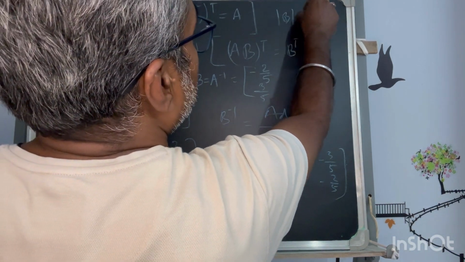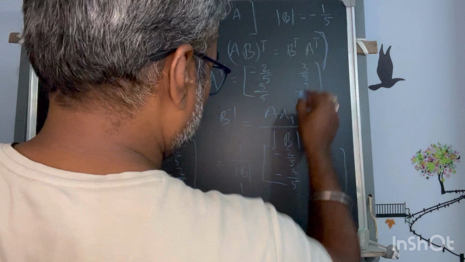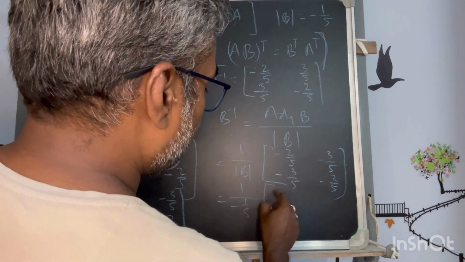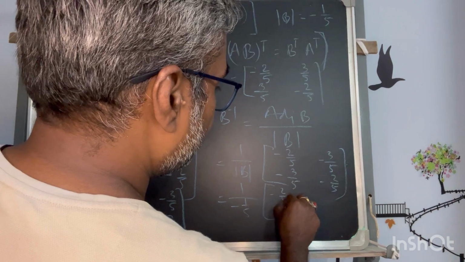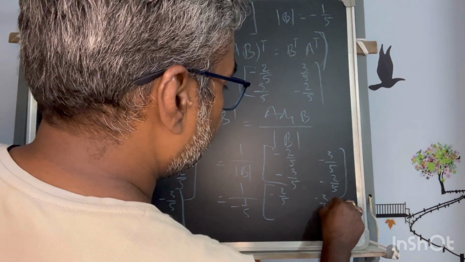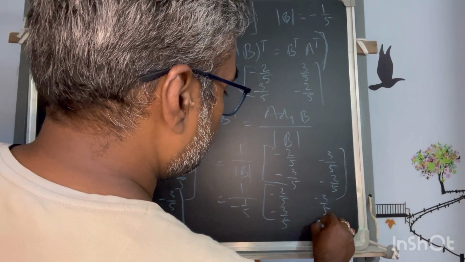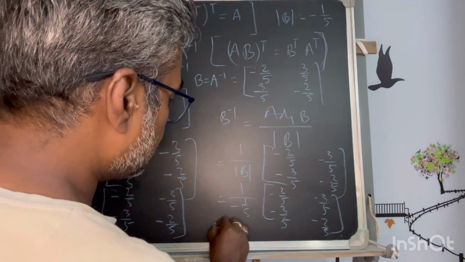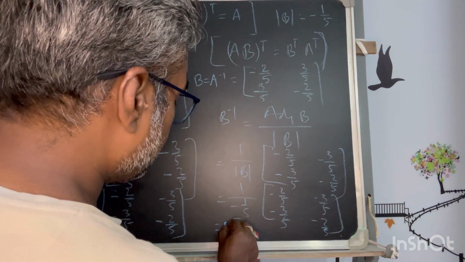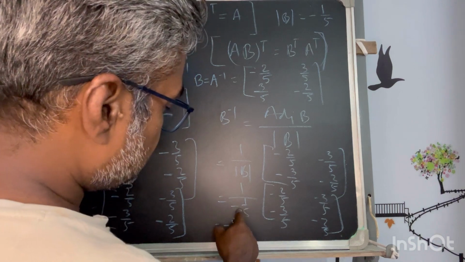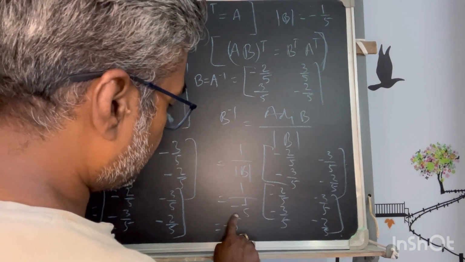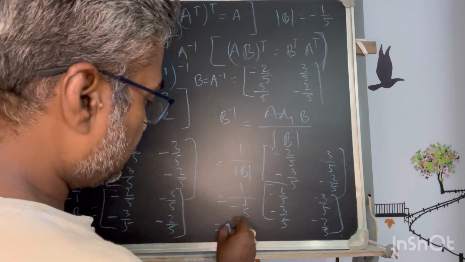Now B inverse is what? Determinant of B I have calculated as minus 1 by 5. Now put this value minus 1 by 5 here, and the remaining will be minus 2 by 5, minus 3 by 5, minus 3 by 5, minus 2 by 5. Okay, so this will turn up equal to minus 5. Now if I adjust this scalar, this is minus 5 inside, so outside there will be nothing.